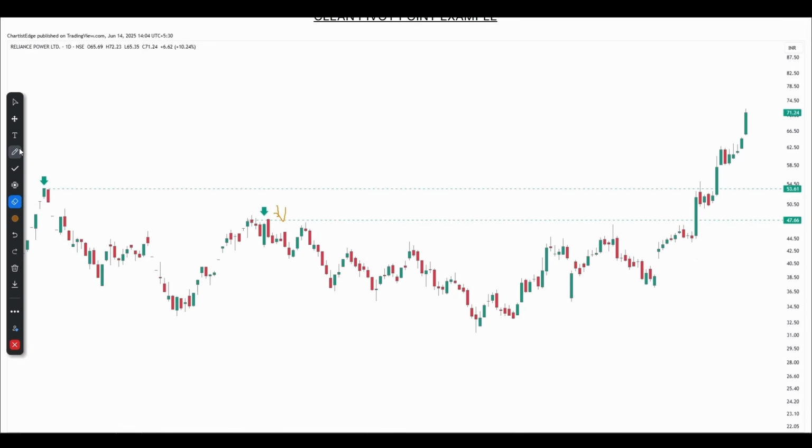Same thing here, when the price reached the upper level of the major pivot point, it did not react in a volatile manner, rather it consolidated and contracted in a linear fashion, and we discussed this in the previous examples of this same Reliance Power.